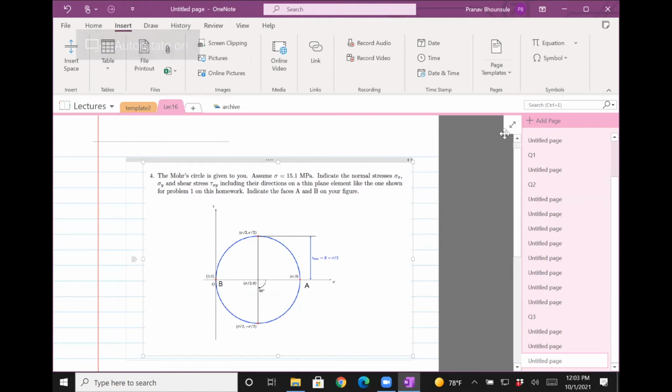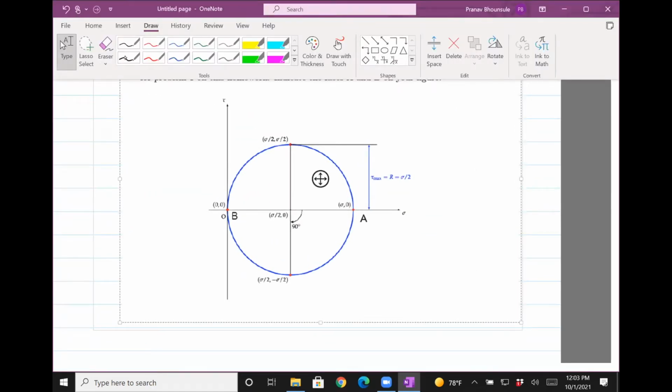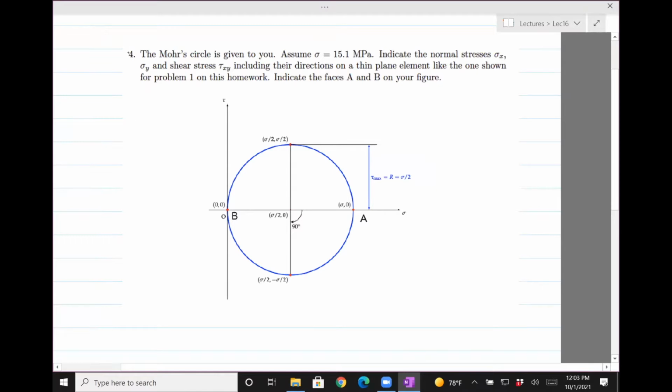That's the fourth question on the last homework, which is going to be in the exam. Okay, so the Mohr circle is given to you.